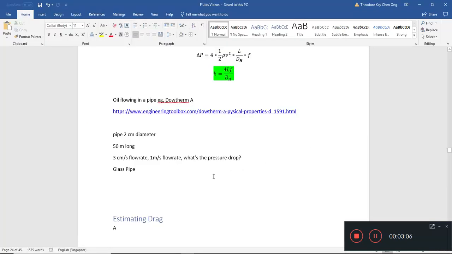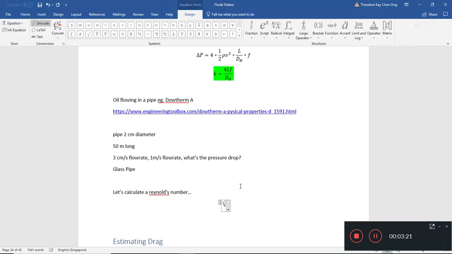Okay, so first things first, given this data, let's calculate a Reynolds number. So remember, Reynolds number equals rho u d over mu. So let's do the first case. We'll need the density and viscosity.